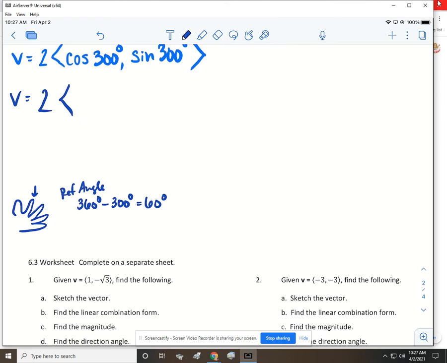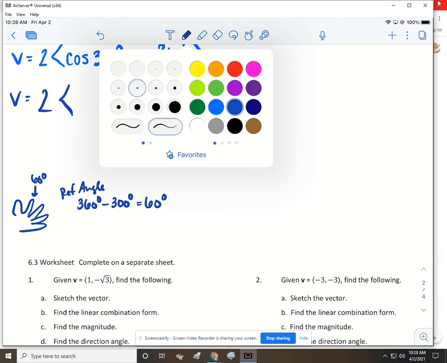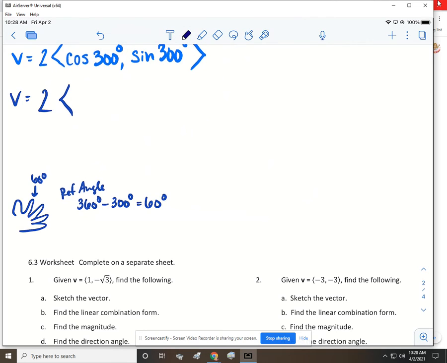So that's going to give us 60 degrees is our finger that we're going to be using. And we also need to remember that 300 degrees is in quadrant 4. So that means that when we do the cosine of 300 degrees, we're going to get a positive. And when we do the sine of 300 degrees, we're going to get a negative. So it's super important. Don't mess that up, please.